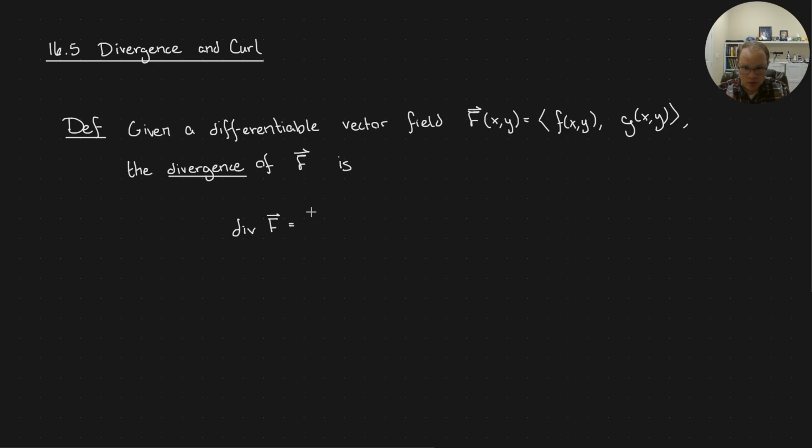So the partial derivative with respect to x of the first component, and then I'll take the partial derivative of the second component with respect to the second variable, and I add them together. And in 2 dimensions, that's all it is. I take the partial derivative of the first component with respect to the first variable, the partial derivative of the second component with the second variable, and I add them together.